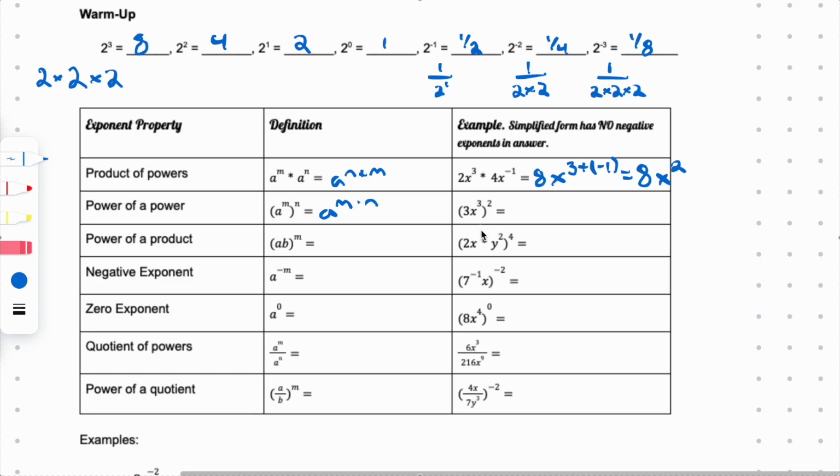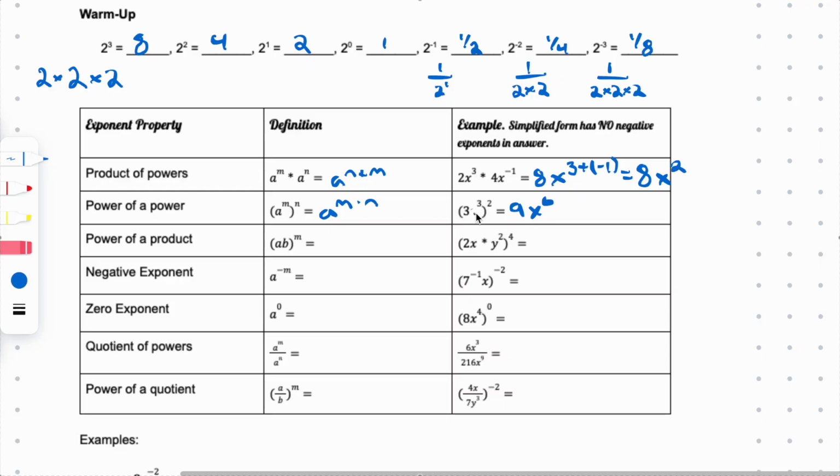So in this case, when we have 3x to the third and all of that raised to the second power, well, we actually need to distribute this squared portion to the 3, too. So it's 3 squared, which is 9. And x cubed, we have a 3 on our exponent here. So we multiply 3 and 2 by this property. We get 6. So 9x to the 6th power.